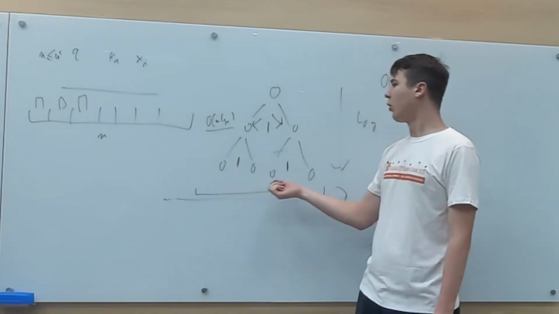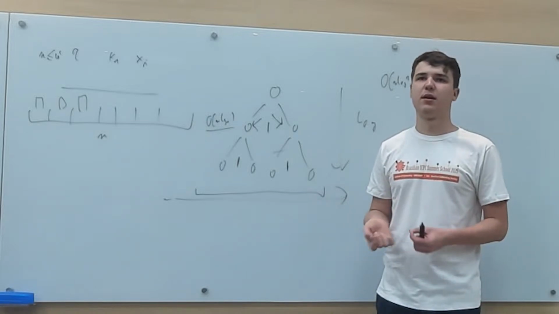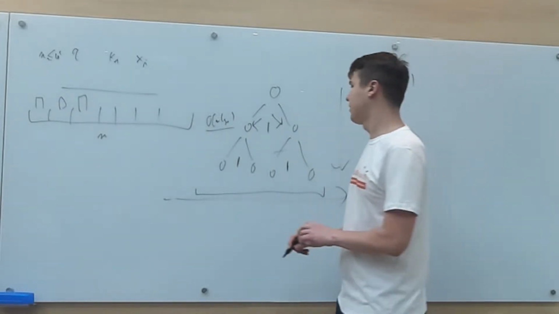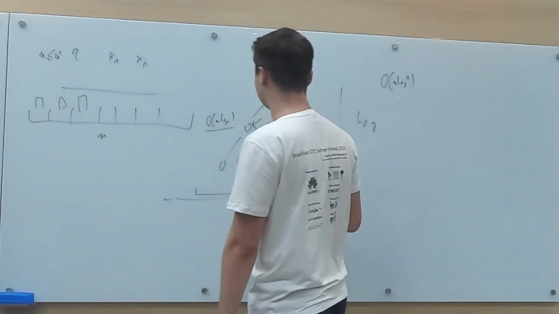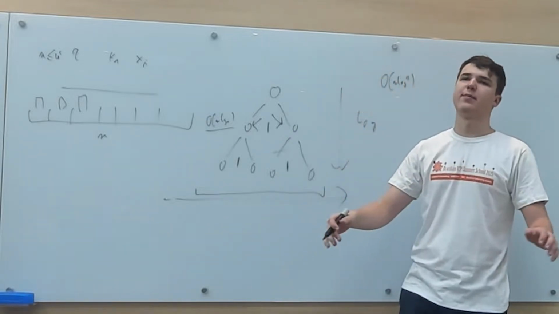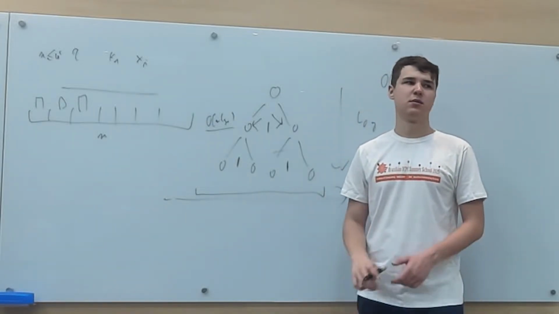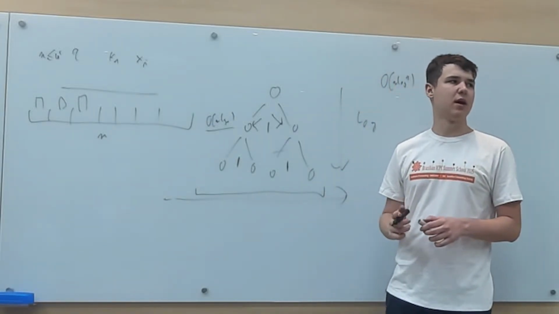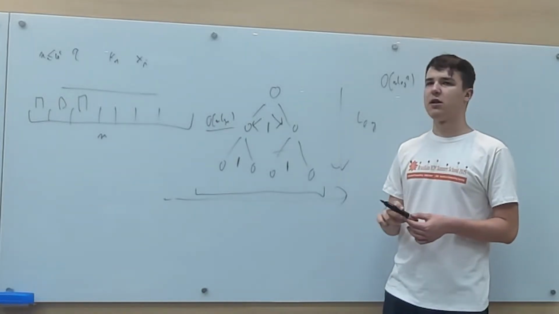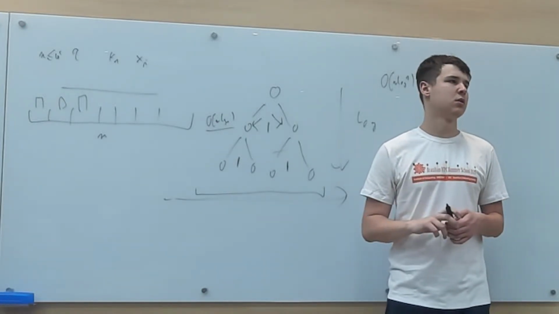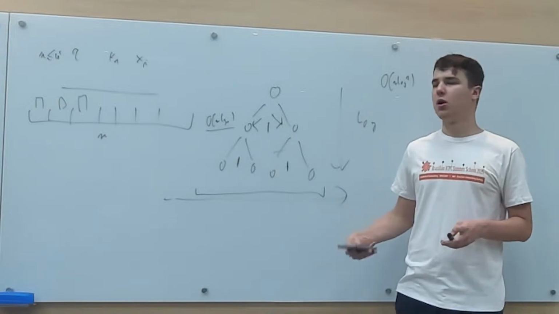Each leaf node corresponds to some update, and the nodes higher up correspond to groups of updates. Okay. Any further questions here? Okay.